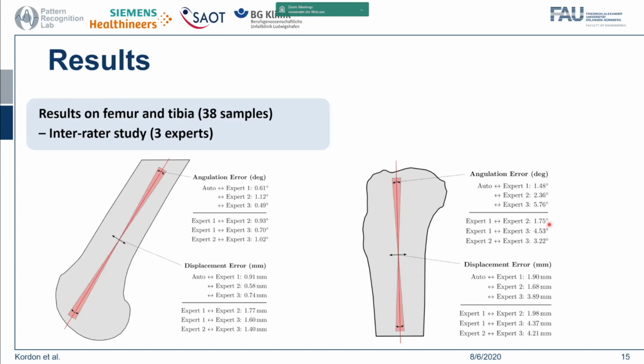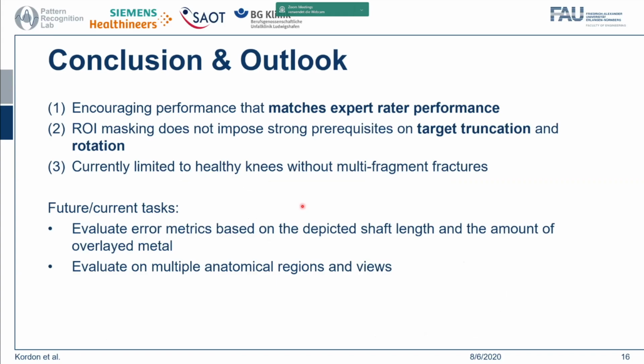So we could say that our automatic solution does a pretty good job here in finding a very nicely fitting line and anatomical axis, which closely resembles the ones which were annotated by the different experts. And I would like to conclude the talk by following conclusions.